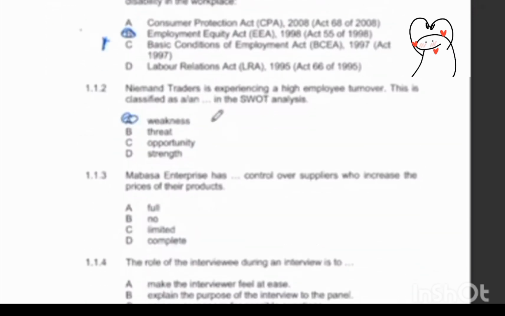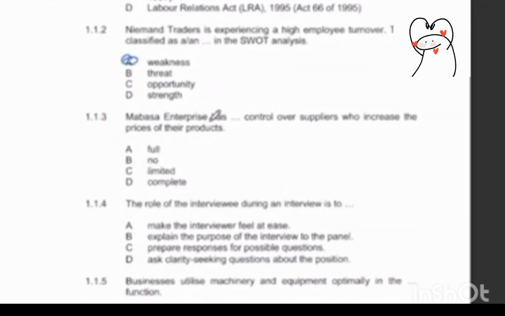So now let's move on to the next question, which is question 1.1.3. Mabasa Enterprise has a dash control over suppliers who increase the prices of their product.